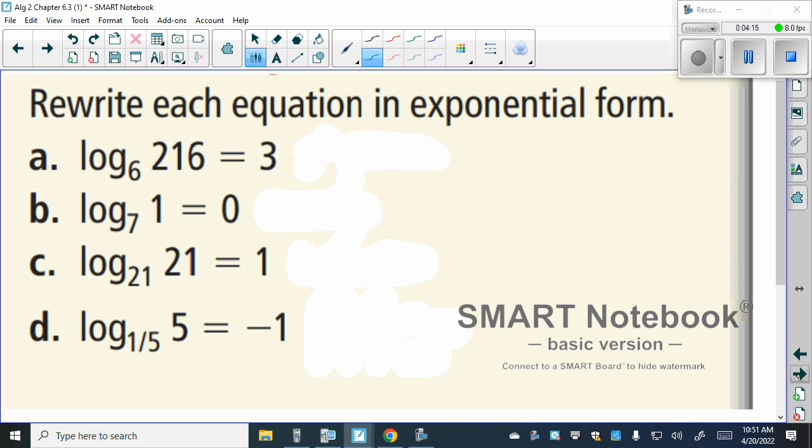So these 4 here, and then we'll move on to the next part. Log base 6 of 216 equals 3. So we would have 6 to the 3rd power is 216. Log base 7 of 1 equals 0.